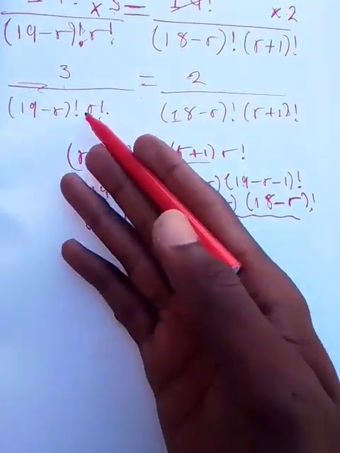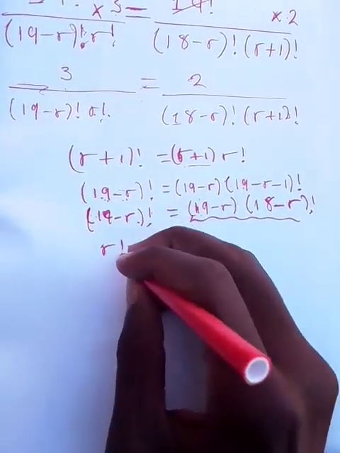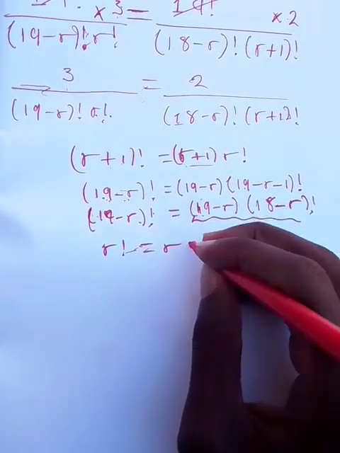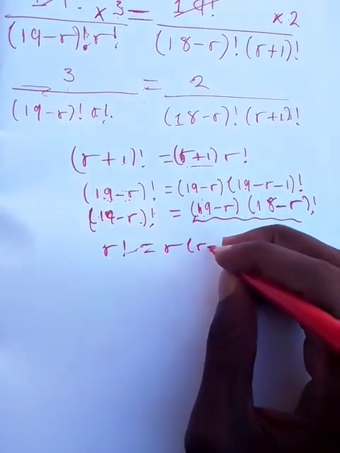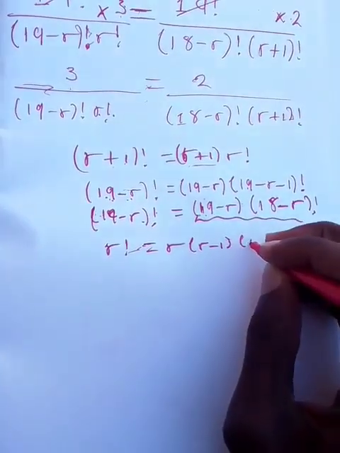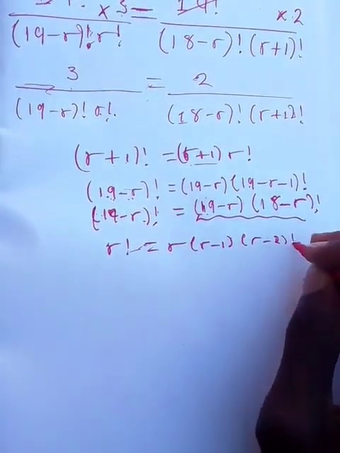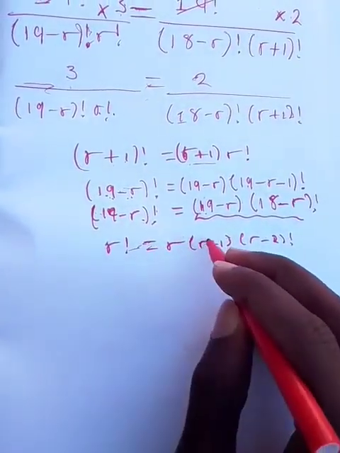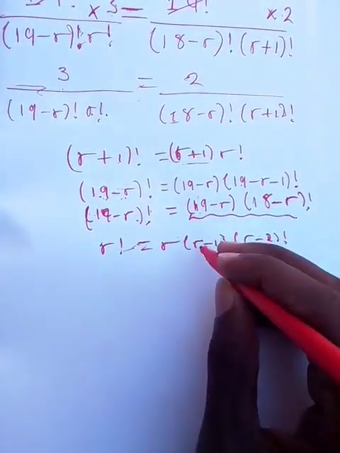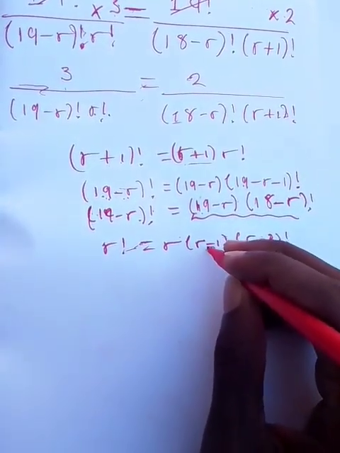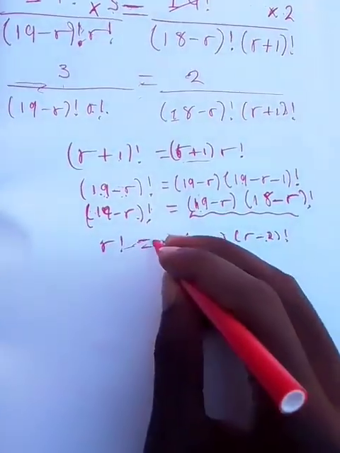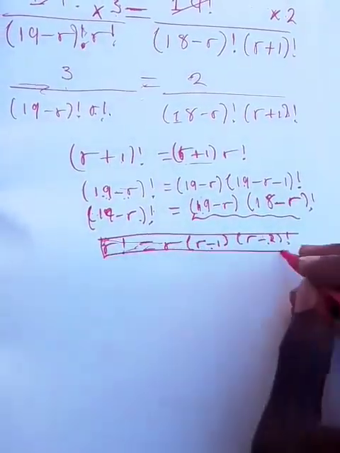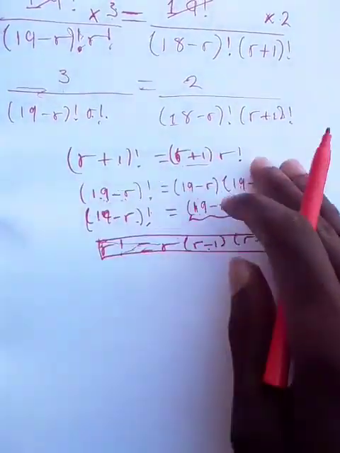Because if you break this down, let me give you an example. r factorial, right? First it's going to be r, then r minus 1, followed by r minus 2, you're just wasting your time, okay? Because on this side, you don't have this r minus 1. You don't have any of these. So there is no use. Just keep it, okay? That's the strategy of solving these kinds of questions, of proving.